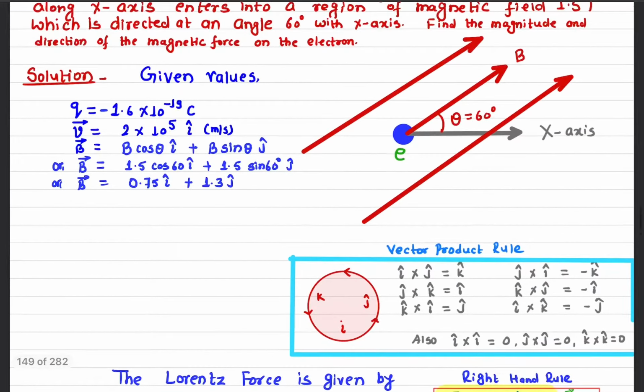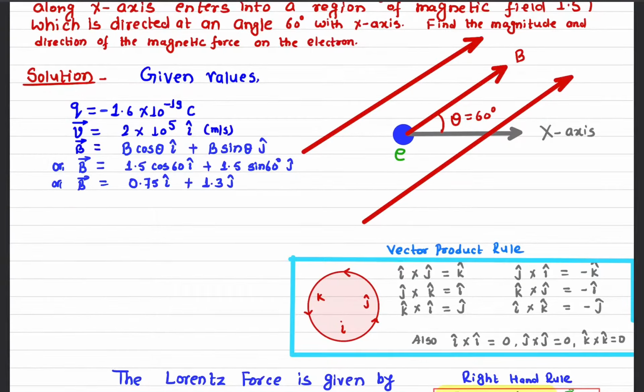The given values are q, which is given, and the velocity is 2 times 10 to the 5 i. When I say i, what does this mean? That means the direction is along the x-axis, and the magnetic field is at an angle. This problem can be solved in two different ways. Here I'm just using the vector approach.